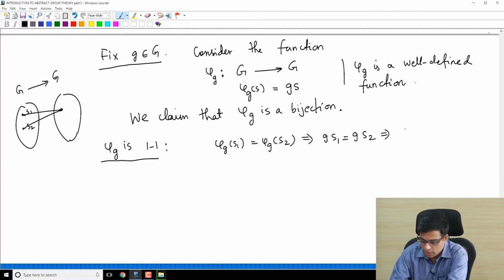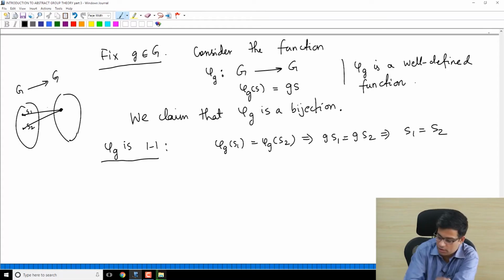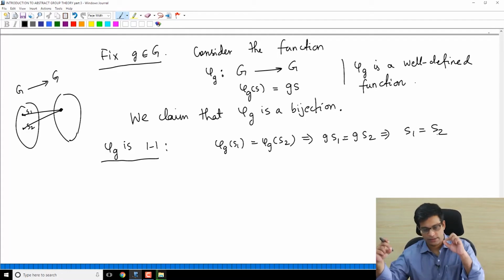That means s1 equals s2, by the cancellation property in a group. So if the two things go to the same thing, they are equal to each other. This shows that phi g is 1-1.